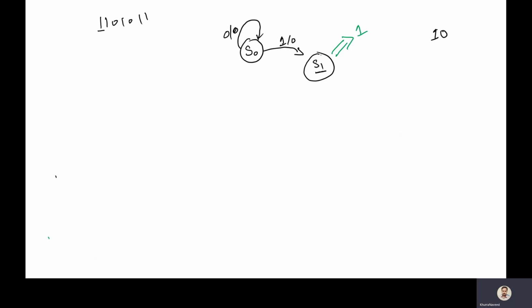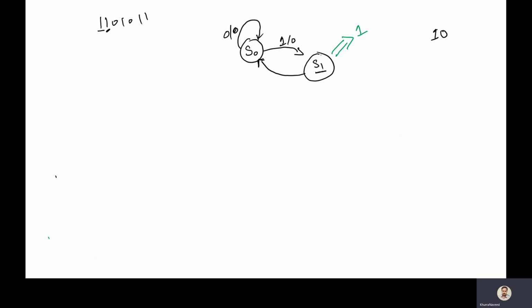So this means we need to go back to the state S0 and wait for the first one again, because we need to detect this 1 to go to the next state S2. I've assigned these symbols S0, S1, and S2 to the states, and later in this lecture we will assign binary codes to these states.